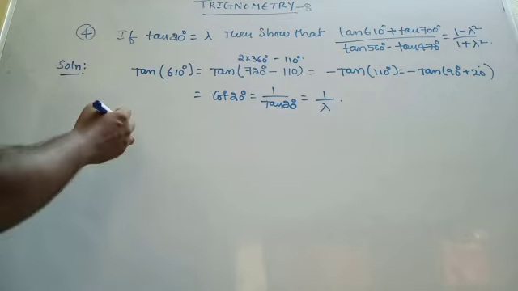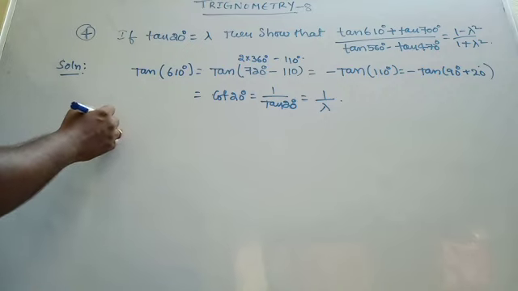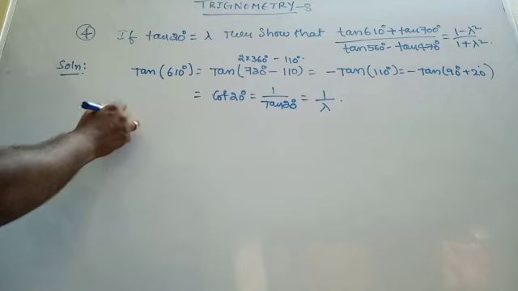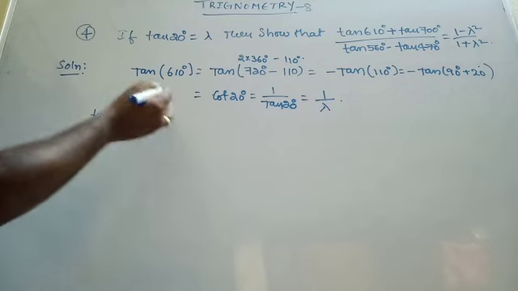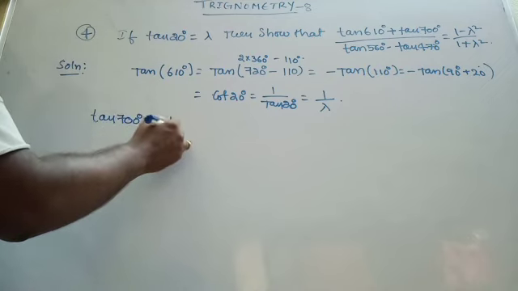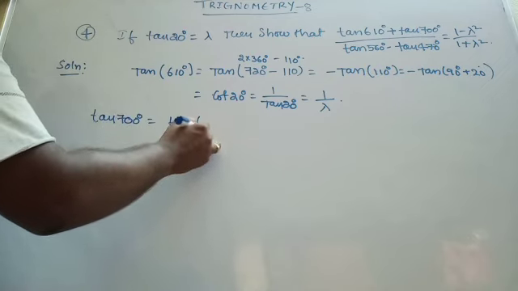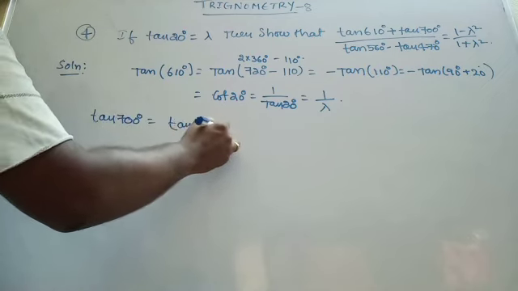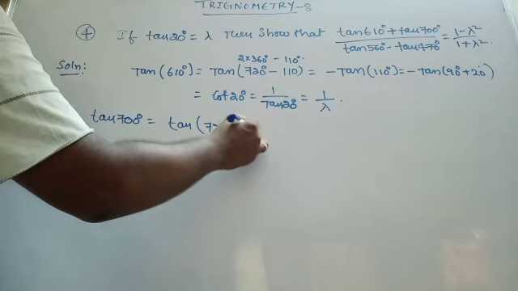In the similar way, let us do tan 700 degrees in terms of lambda. My dear students, what we are going to do is write tan 700 as tan of 720 degrees minus 20 degrees.